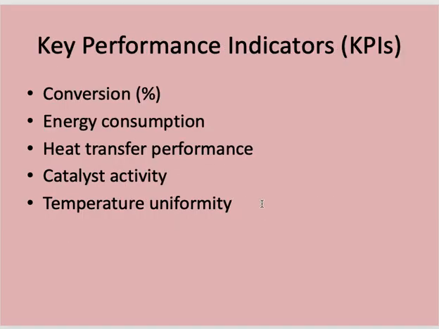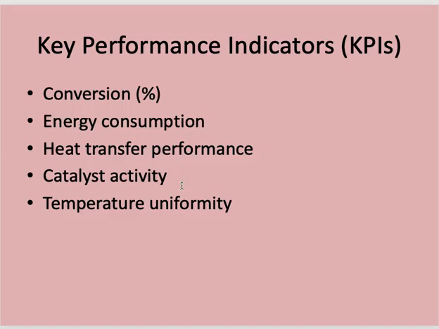So the key performance indicators related to the first type of reactor in our lecture are the conversion, energy consumption, the heat transfer performance, and the catalyst activity and temperature uniformity. We repeated the word conversion many times, and we see that it is one of the core items related to the continuous stirred tank reactor to control the conversion.